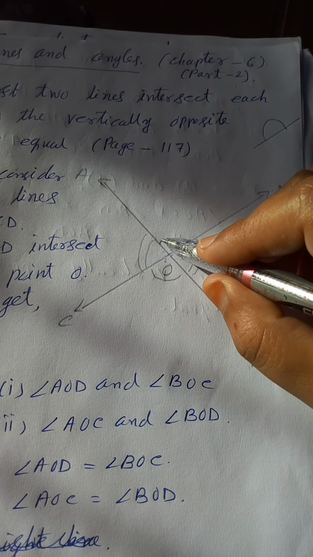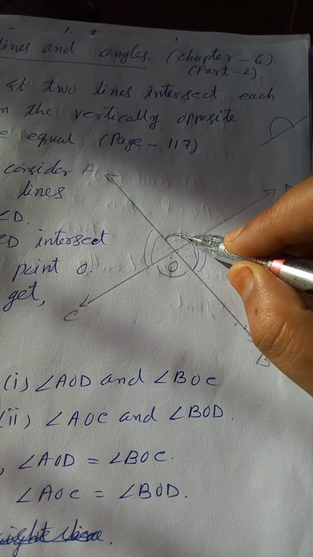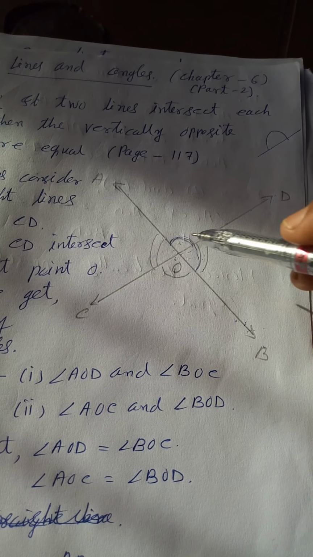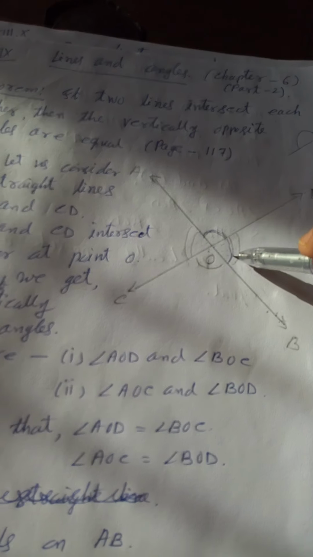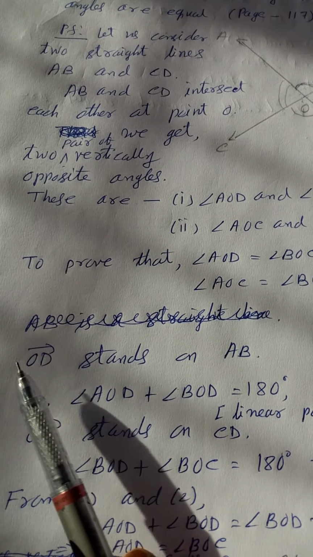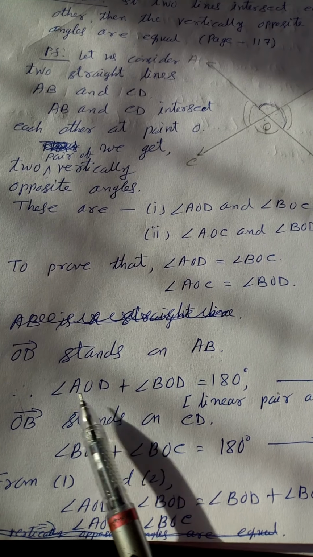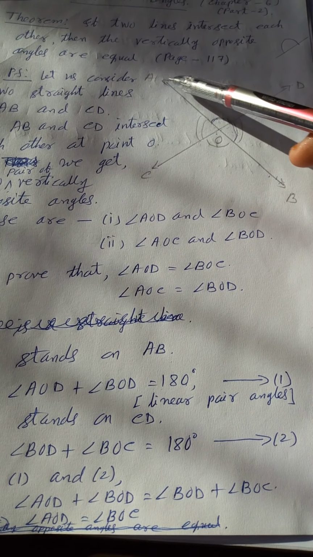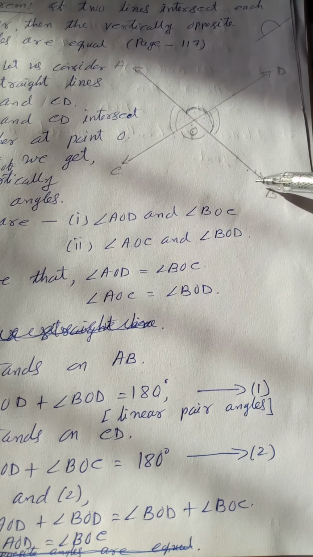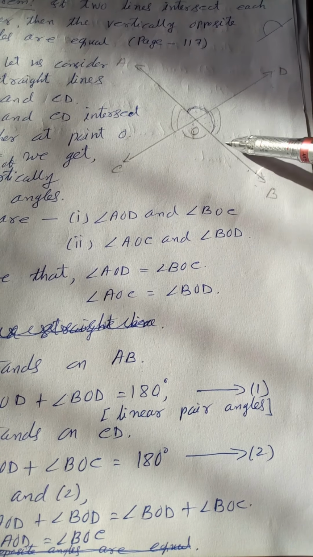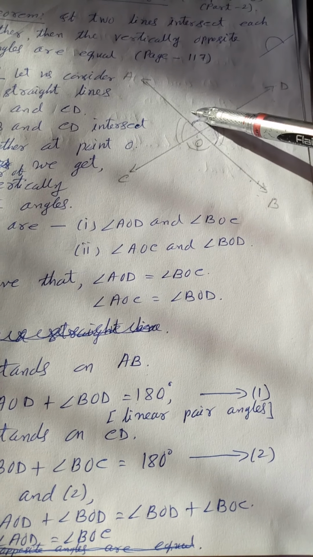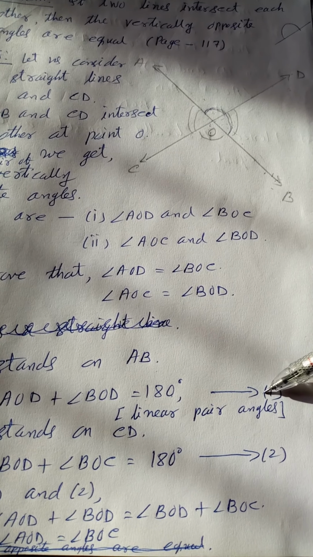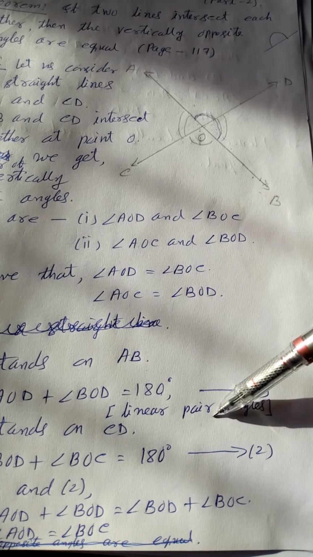These two angles sum to 180 degrees because AB is a straight line, and these two are linear pair angles. So OD stands on AB, angle AOD plus angle BOD is equal to 180 degrees. This is equation number 1.